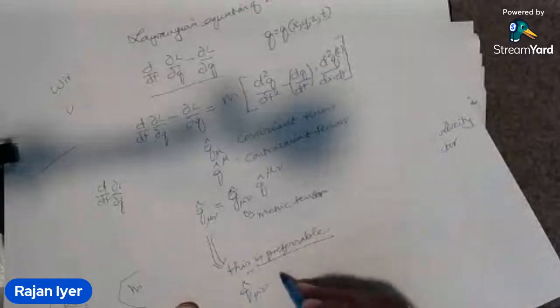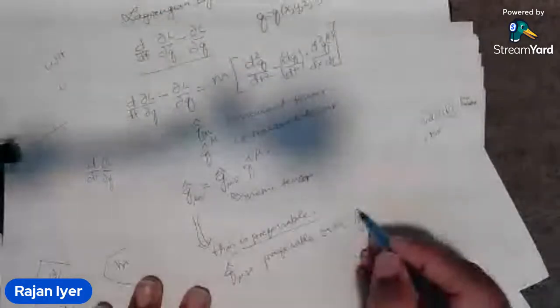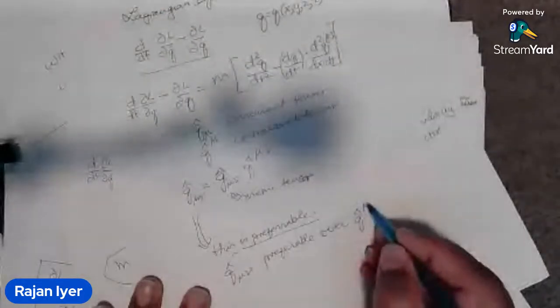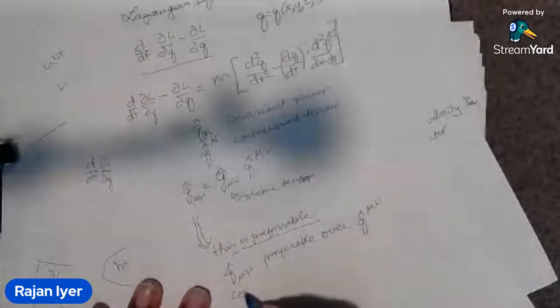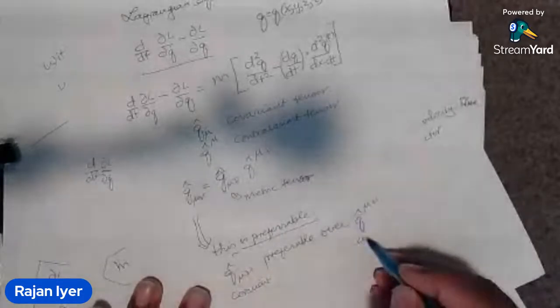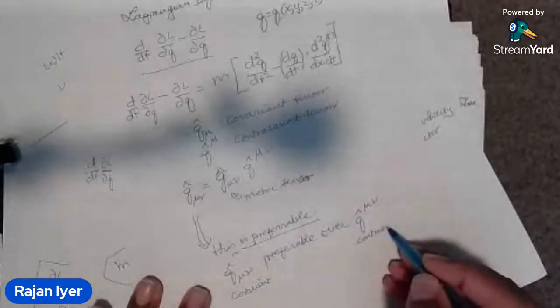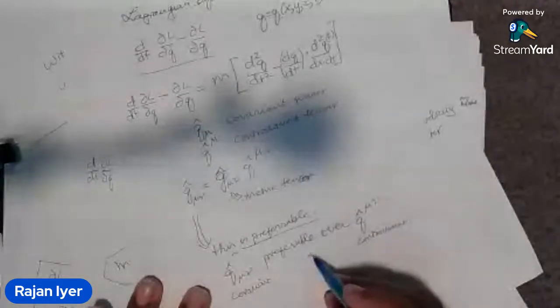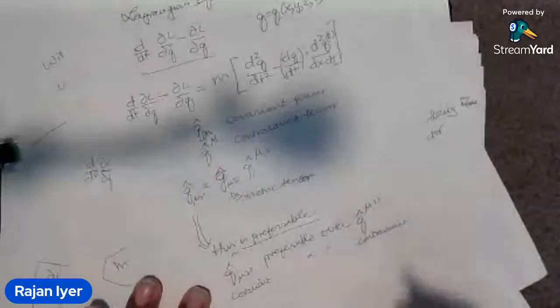So Q prime mu nu, the covariant, is preferable over Q prime superscript, the contravariant. Why is it preferred over contravariant? Oh, okay. I thought they were both useful.